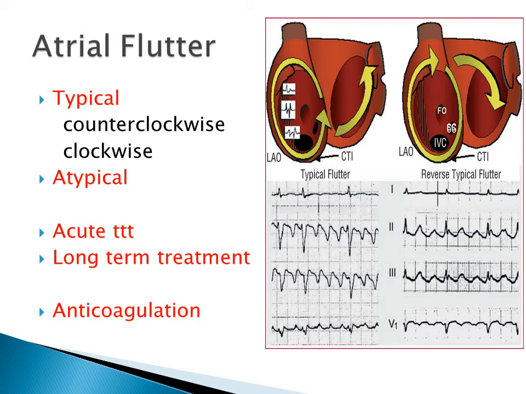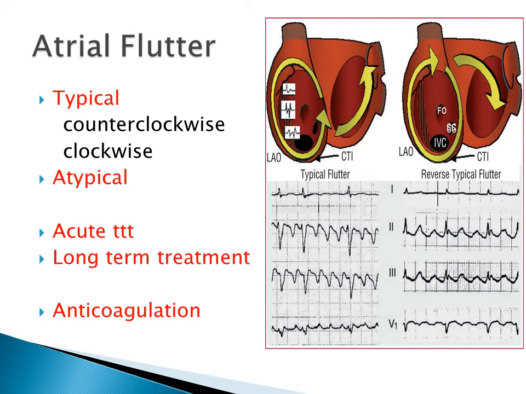Regarding long-term treatment for these patients, if the condition is common flutter, whether counterclockwise or clockwise flutter, or what's called typical flutters, the best long-term treatment is catheter ablation. And it's called ablation of the cavotricuspid isthmus.